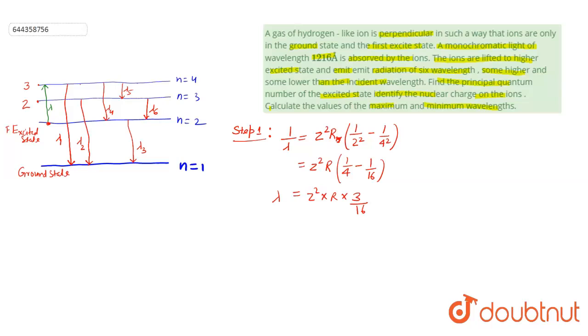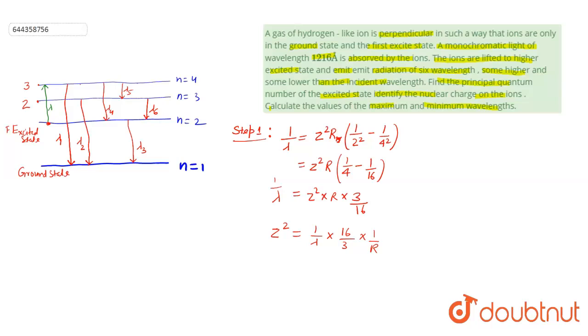Here you know the wavelength lambda, and R is also known. So Z square will be 1 upon lambda into 16 by 3 into 1 by R.